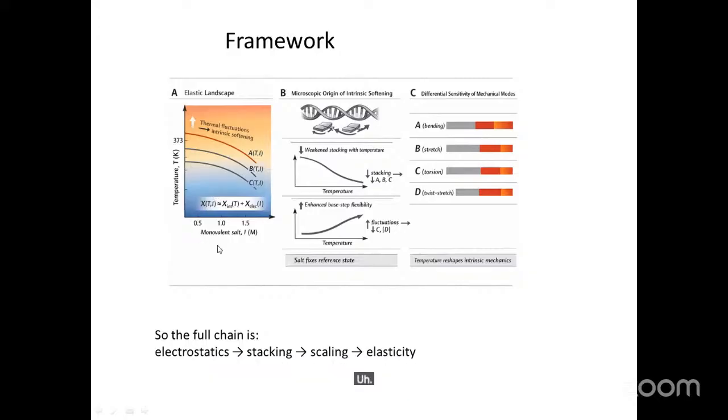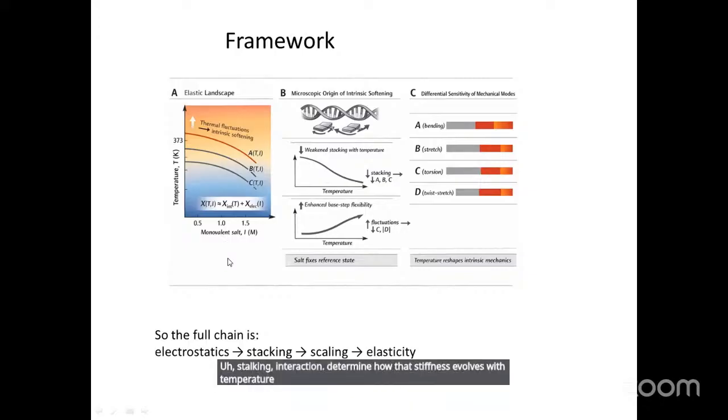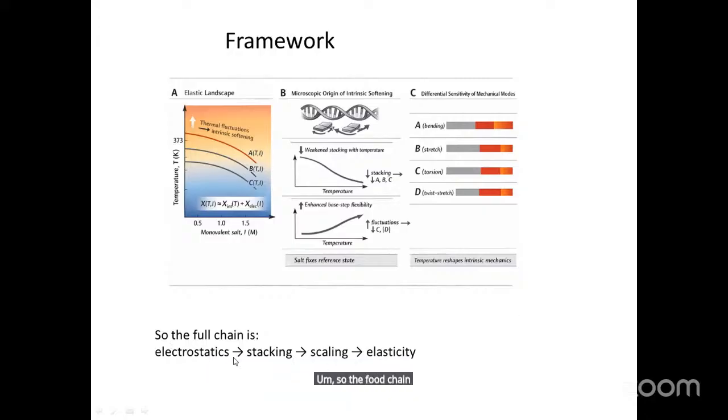Stacking interaction determines how that stiffness evolves with temperature. And of course, we have a unified description, which is chi. So the full chain is electrostatics, stacking, scaling, then we have elasticity.